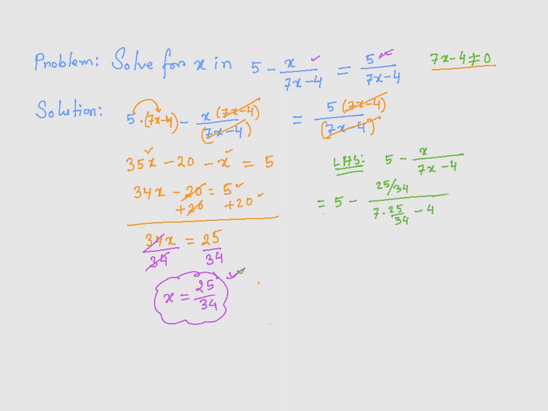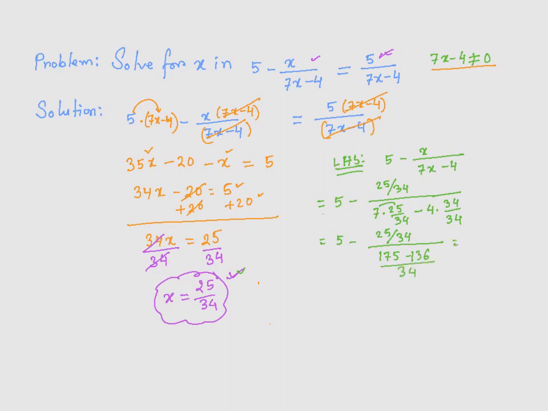Now I'm just going to do a little bit of calculation here ahead of time. I'm going to make the denominator the same. So it is going to give me 5 minus 25 over 34 divided by 7 times 25, by the way, is 175. Then minus 4 times 4 is 16, so 136 divided by 34.